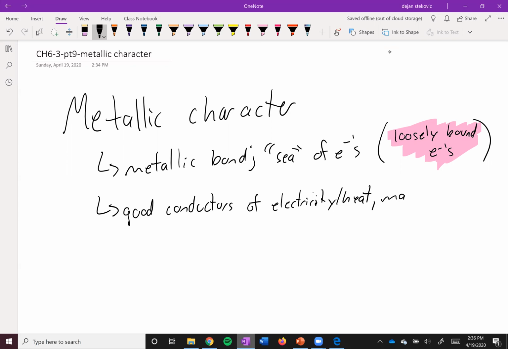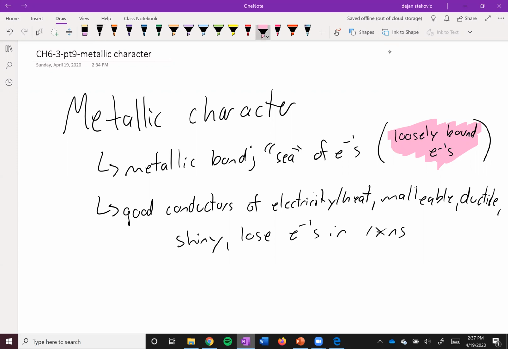They're malleable and ductile, which means that we can move them into sheets, make them into wires, all kinds of stuff. And again, that makes sense because these electrons are very loosely bound, so these atoms are free to move around. They're shiny, and they generally lose electrons in reactions. So pretty much all of these things demonstrate that these electrons are very loosely bound.